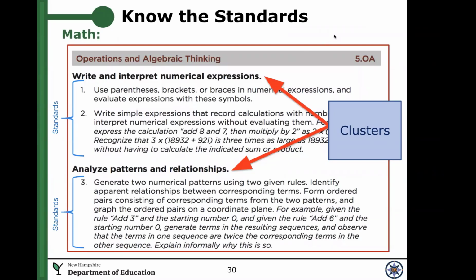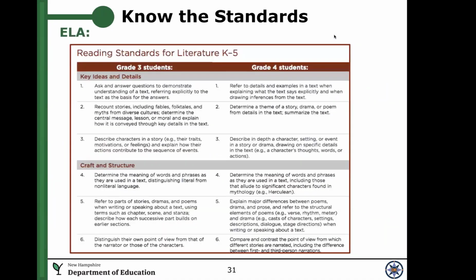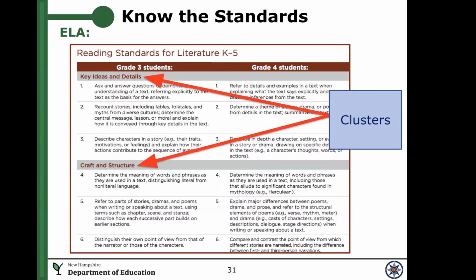Okay. All right. Same thing for ELA. Right now we're just looking at reading standards for literature. We've got our clusters. So that's key ideas and details or craft and structure. And then underneath each one of those, you have specific standards. All right.